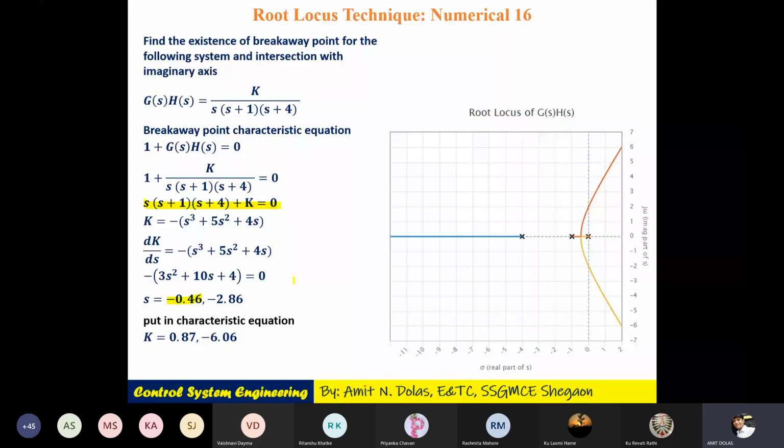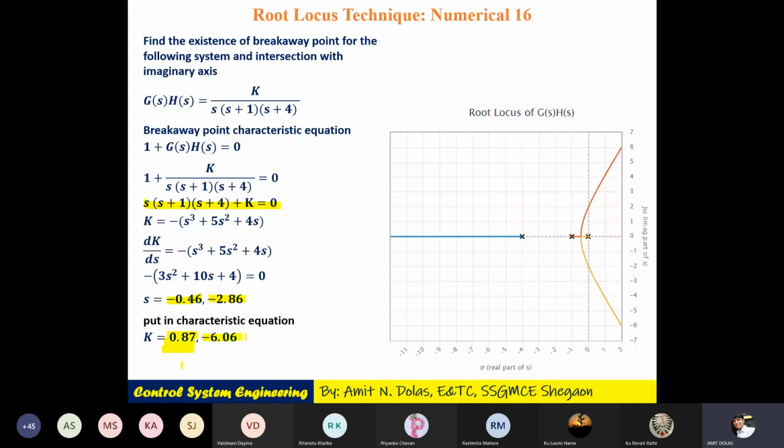Again, put the value minus 2.86 into the characteristic equation and calculate k. You'll get two values of k. You'll get k is equal to 0.87. For the other, you'll get k is equal to minus 6.06.